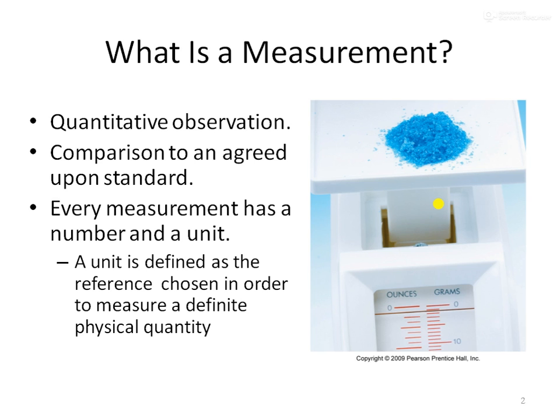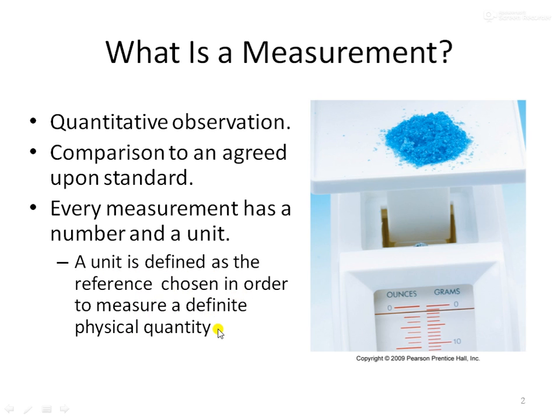Now every measurement has 2 things. The first is the number and the second is the unit. A measurement is incomplete without both of these. A physical unit is defined as the reference chosen in order to measure a definite physical quantity.